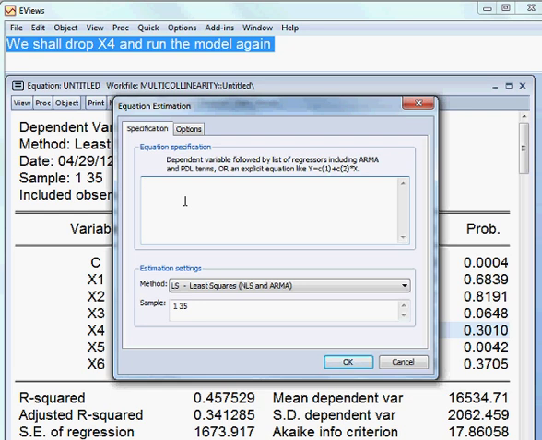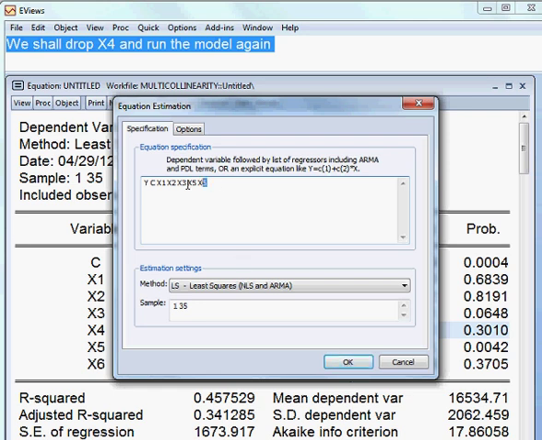Then I put y c x1, x2, x3, x5, not x4, right? So this is my new model after dropping x4. Now I press OK.